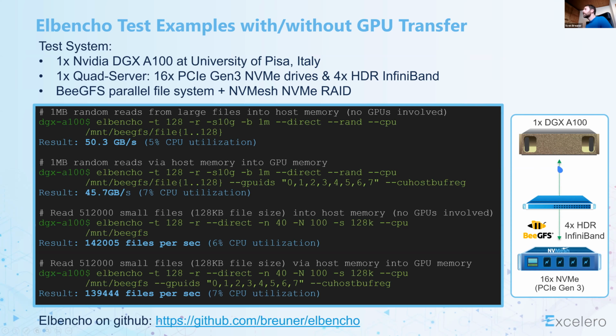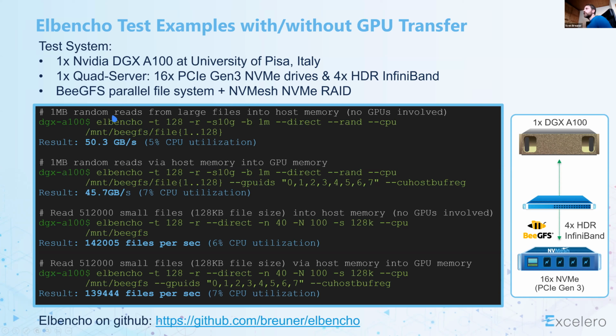For the software-defined storage, to make the NVMe drives available to the DGX A100, we used the BeeGFS parallel file system together with Excelero's NVMesh, which provides the software-defined RAID for high availability across the NVMe drives. And here we have some performance examples that came out of this rather small entry-level system, I would call it.